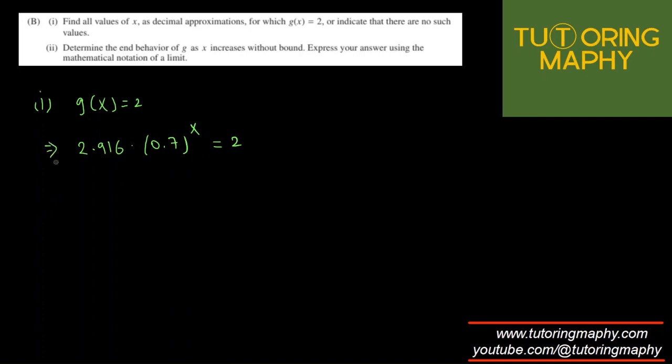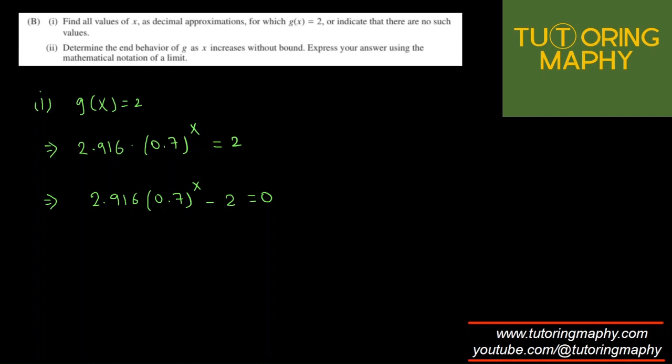Those of you using a TI-84 or a similar calculator, what you can do is bring this entire thing over to the left side, like minus 2 equal to 0, and put this entire thing into the equation solver. Or perhaps you can graph this, because if you graph this, you are just looking for the x-intercept. That's going to give you the answer.